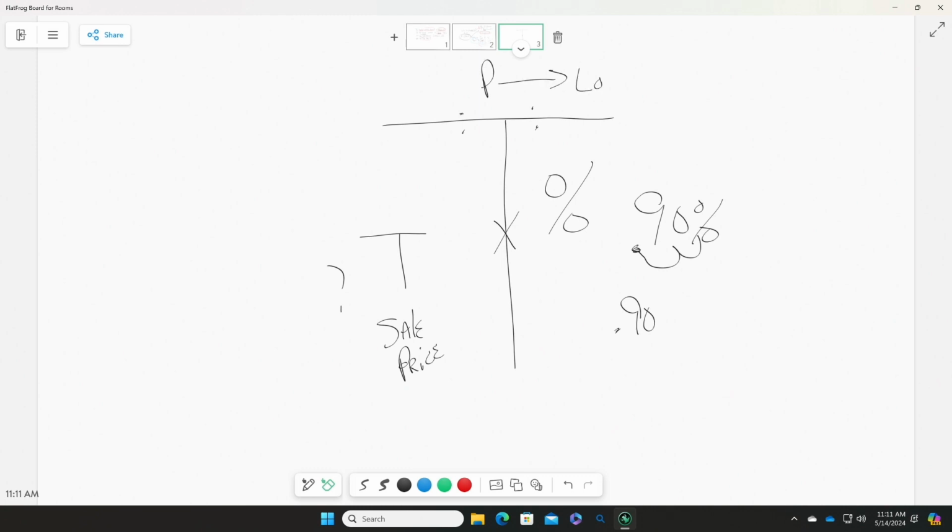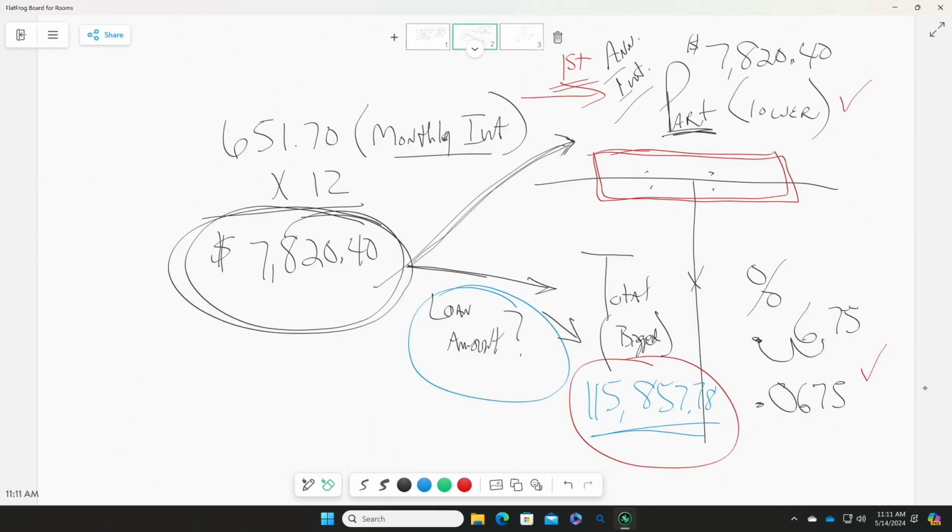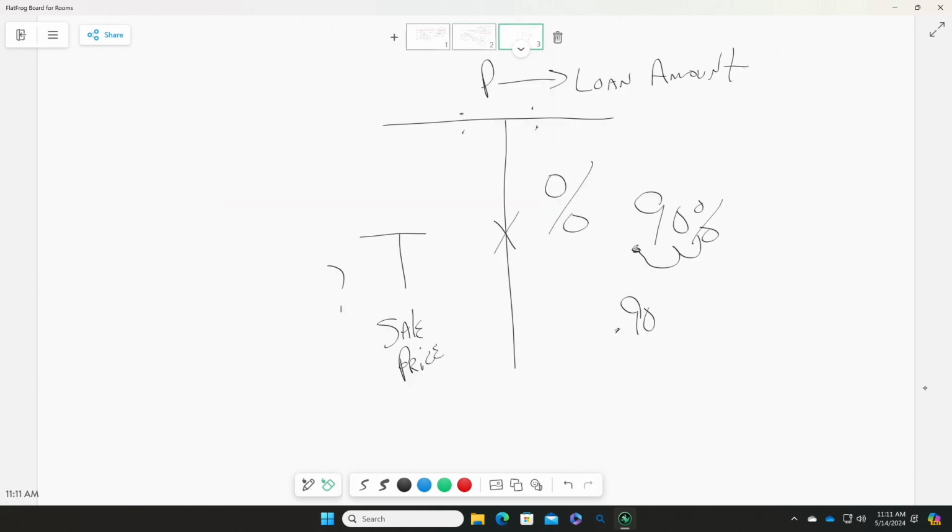Yes, this is now the loan amount. Earlier, in the previous T, it was the total interest paid for that year. But now it's the loan amount. So what was the loan amount? Well, it is $115,857.78.